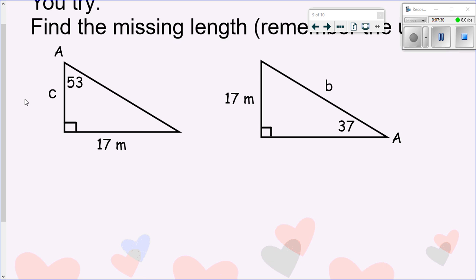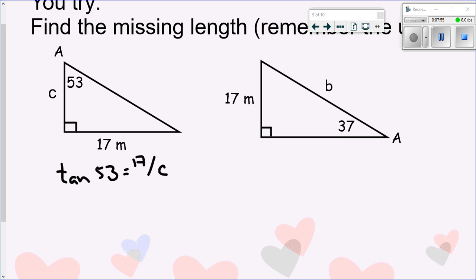Now, in my 2 examples, I went through everything. Here's what I'm expecting out of you. You don't have to write down what sides are what. You don't even have to write down the formula that tan A equals opposite over adjacent.